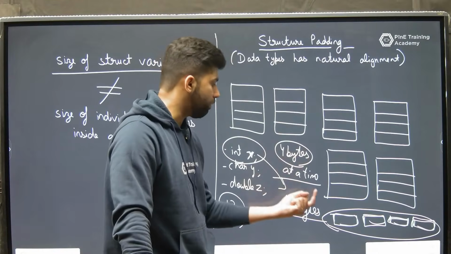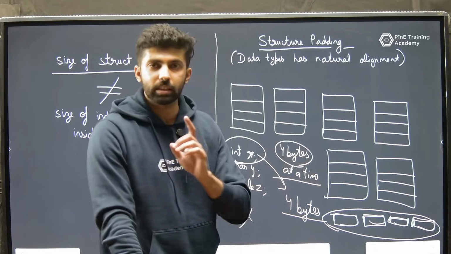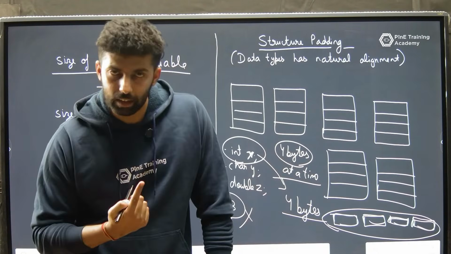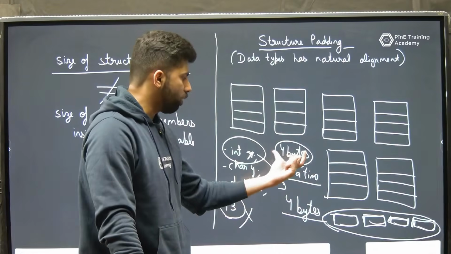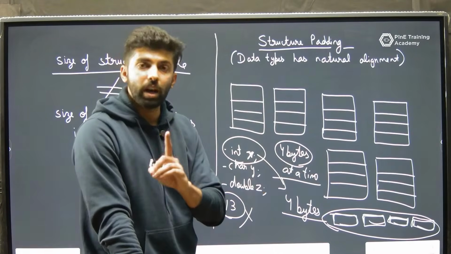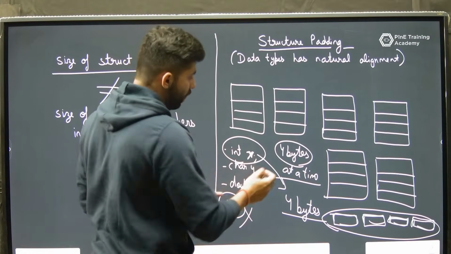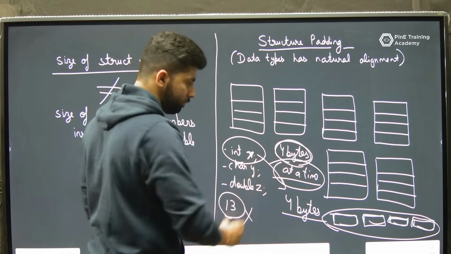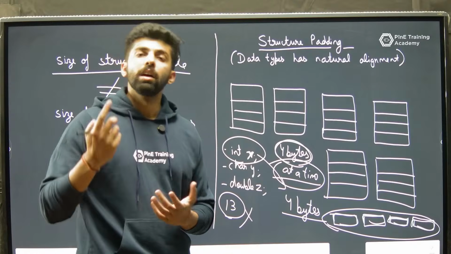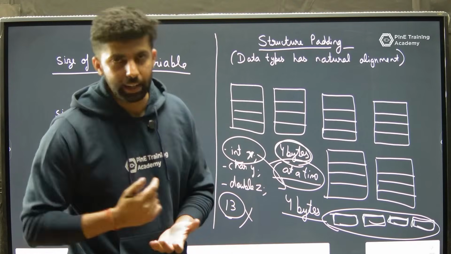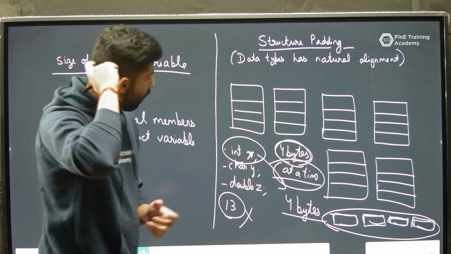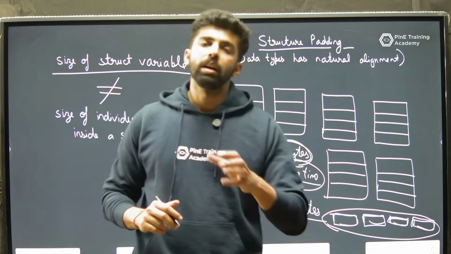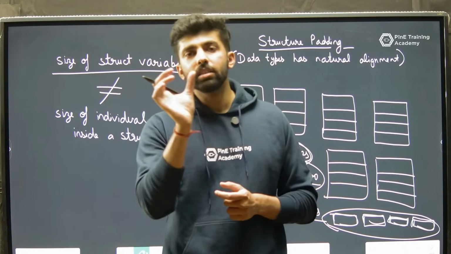So reading 4 bytes at a time is considered as one memory cycle. So our computer actually reads 4 bytes at a time. That means in one memory cycle, our computer reads 4 bytes. And for that, our computer aligns the data.